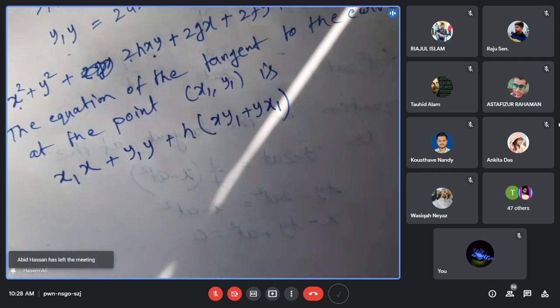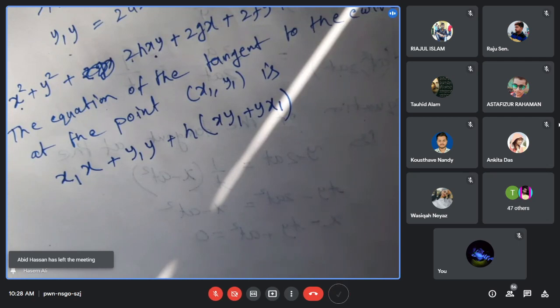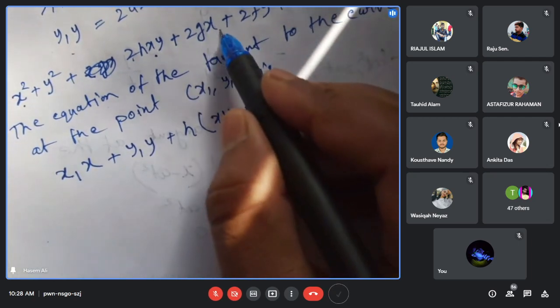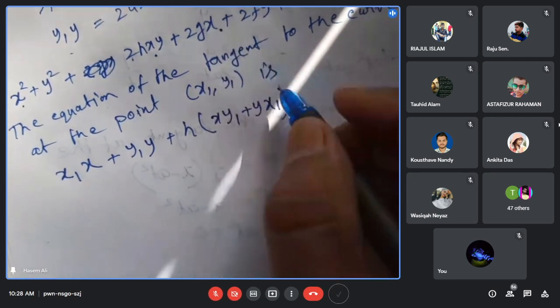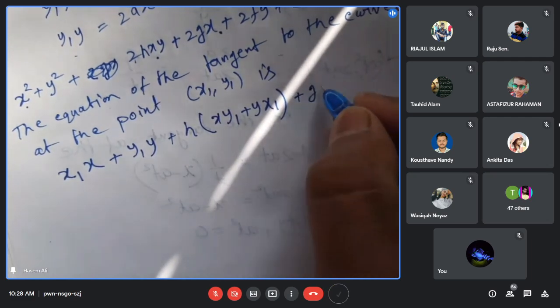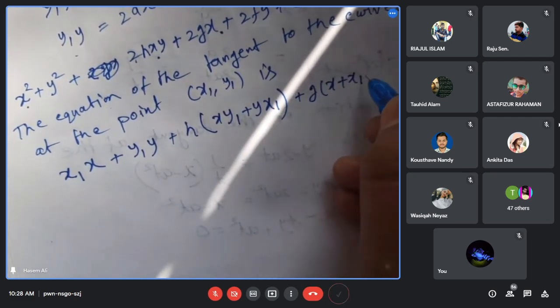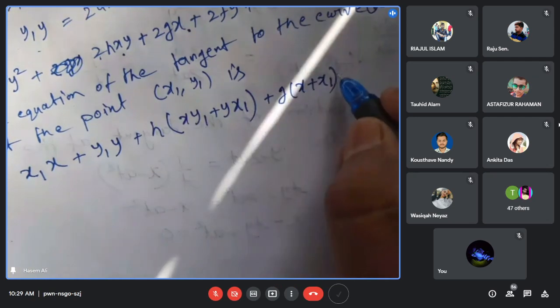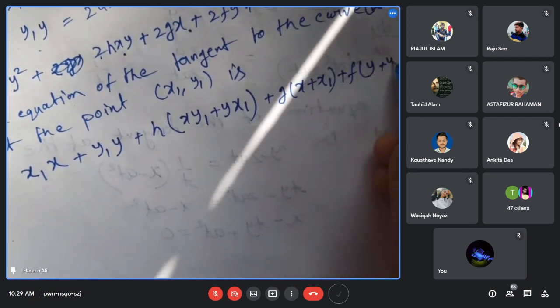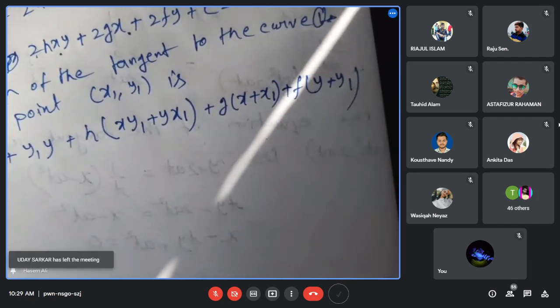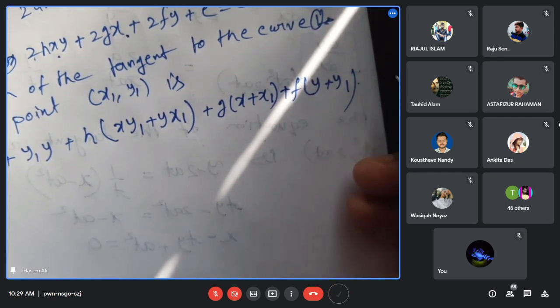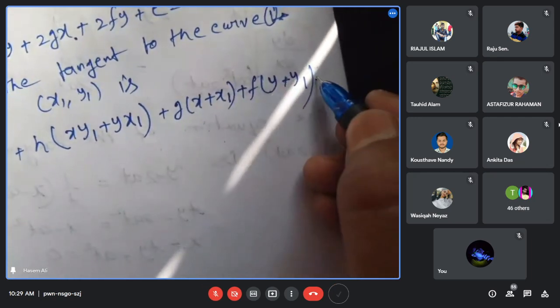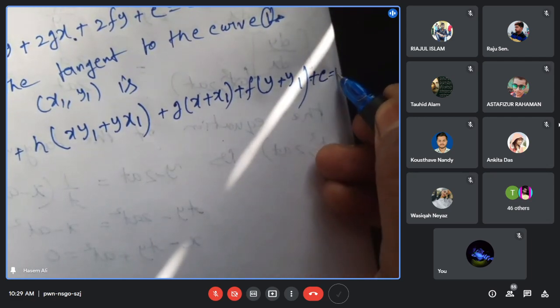And for 2gx, it will be g into x plus x1. And for 2fy, it will be f into y plus y1. Plus c equals to 0. The constant term will be the same.